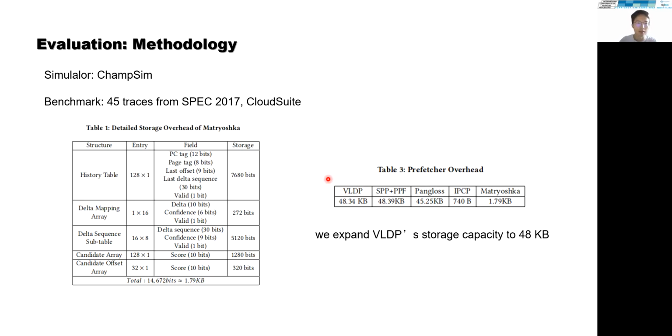In the following section, we will show more detail about the evaluation. We use the ChampSim simulator to simulate 5 prefetchers, including Matryoshka. We use 2 types of benchmarks, and we expand VLDP storage capacity to 48 kilobytes to catch up with the performance of recent prefetchers.